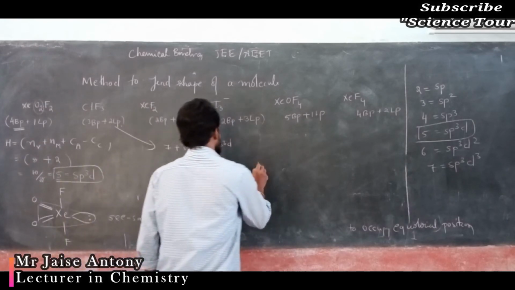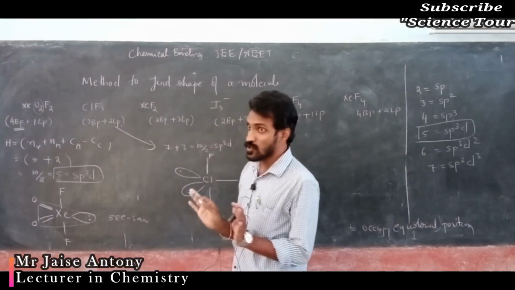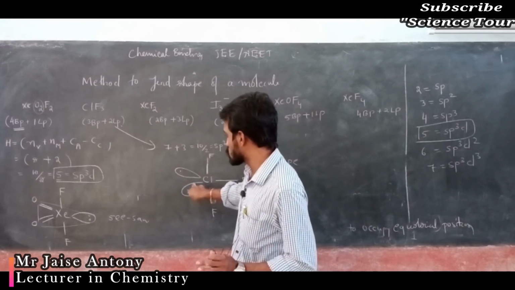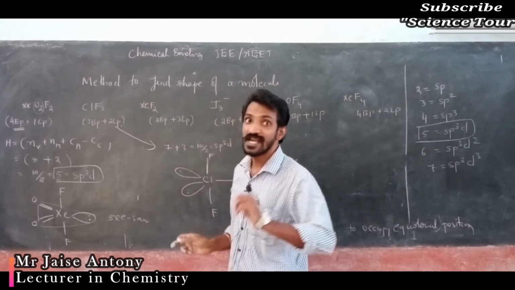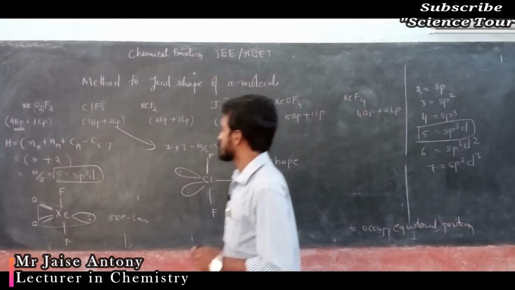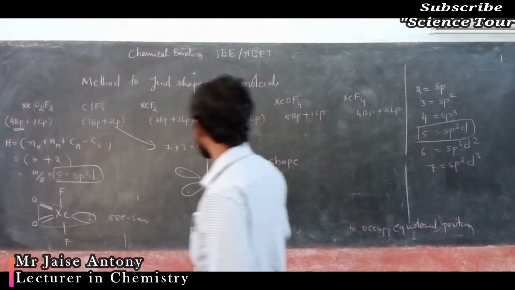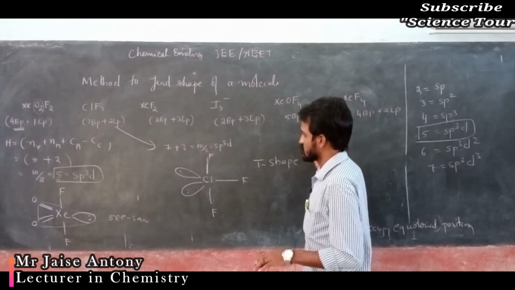Generally geometry is trigonal bipyramidal, but here 2 lone pairs are there, so considering only bond pairs, it becomes T shape, in the form of T. Over. Next, my dear students, next one.